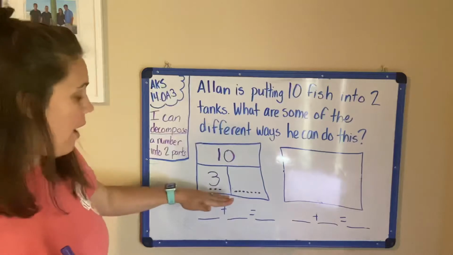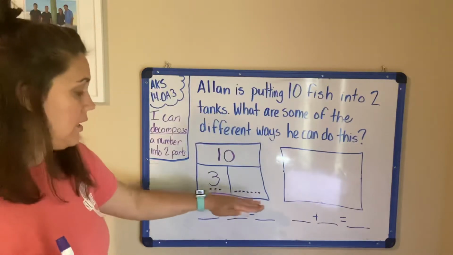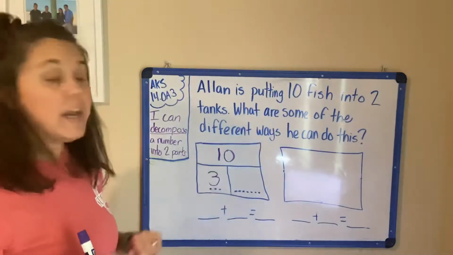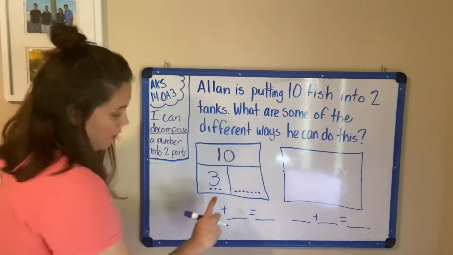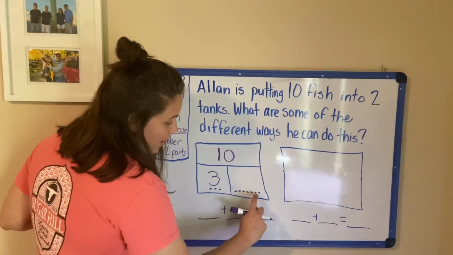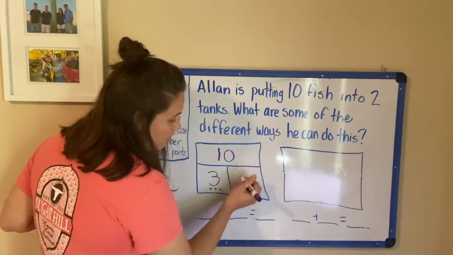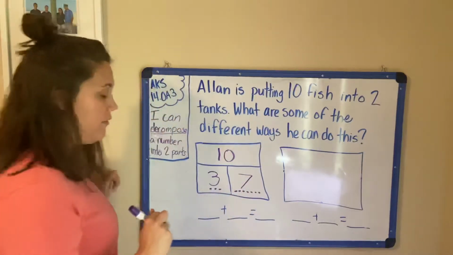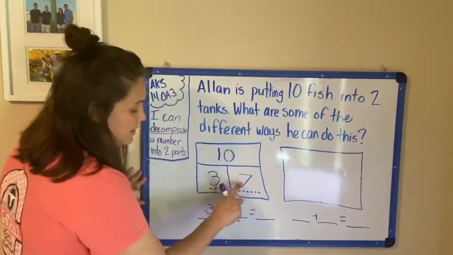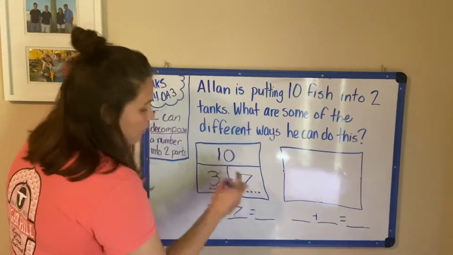So now I know I have 10 dots, but I need to see how many dots are in this fish tank so that I know how many fish are going to be in there. 1, 2, 3, 4, 5, 6, 7. 7 fish. So I see that 3 plus 7 equals 10.